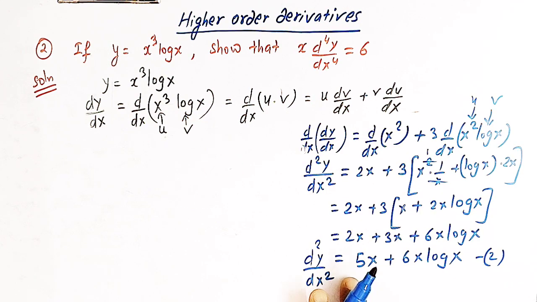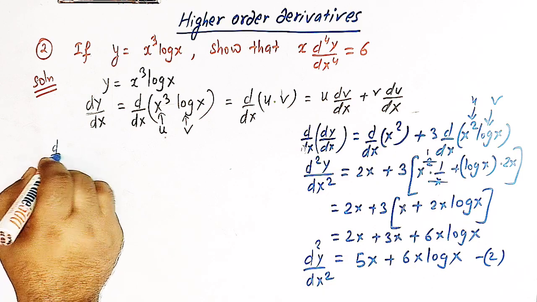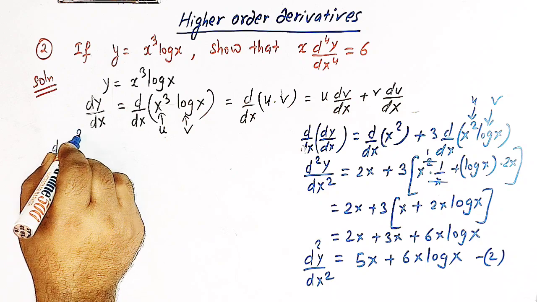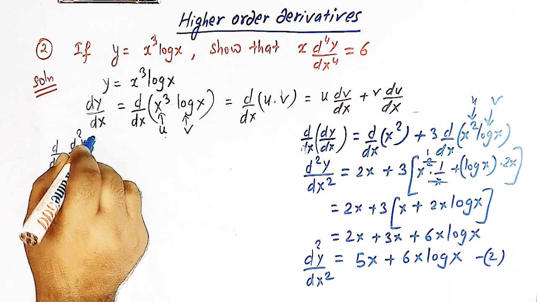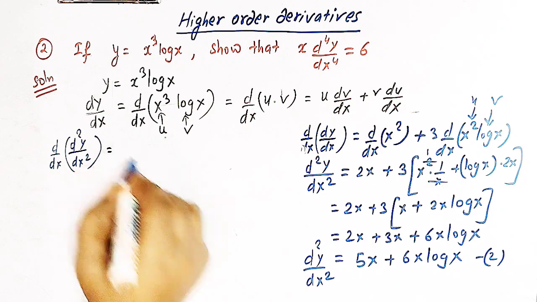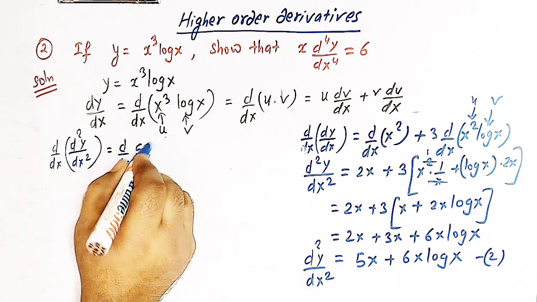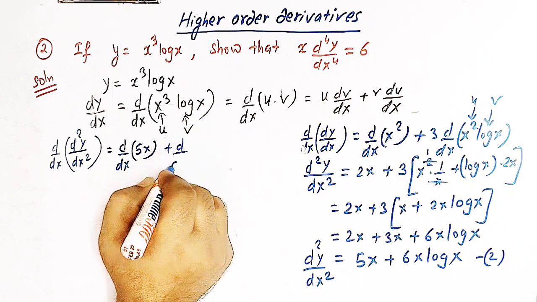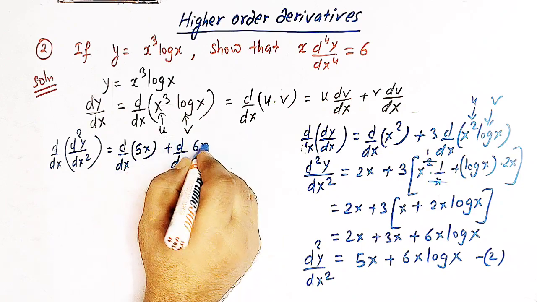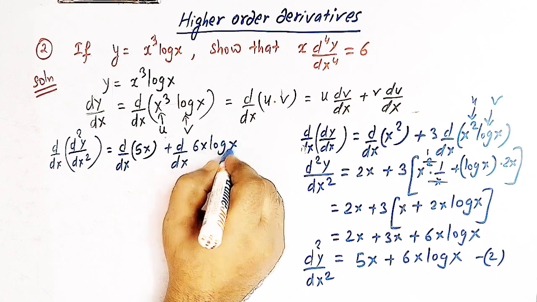So now differentiating again both sides with respect to x, we have d by dx of d2y over dx2, and here we have the derivative of 5x plus the derivative of 6x log of x.